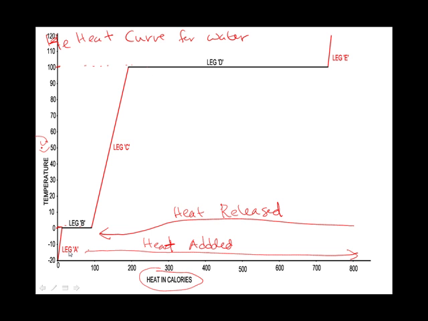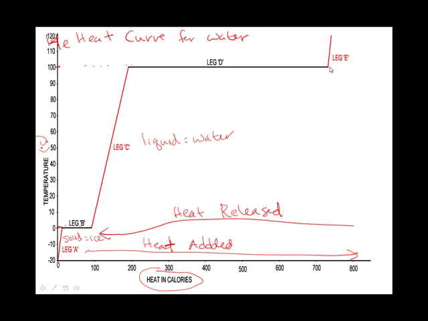We know something about water. Below 0 degrees Celsius, it is a solid, so leg A represents solid water, which we call ice. Between 0 and 100 degrees Celsius, water is in a liquid form, and we call this just water.